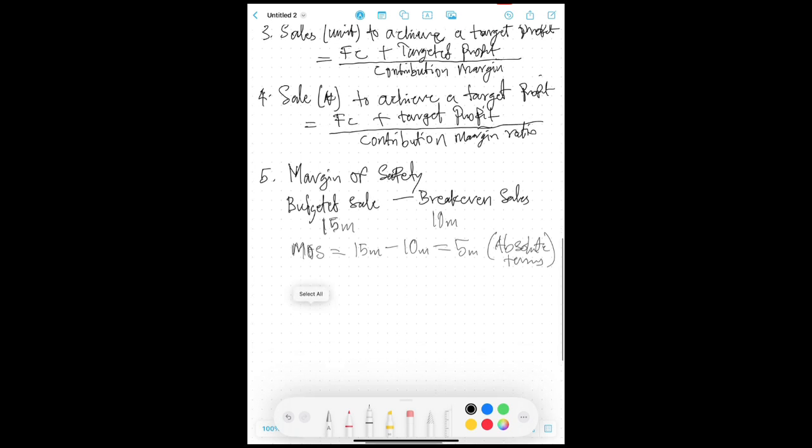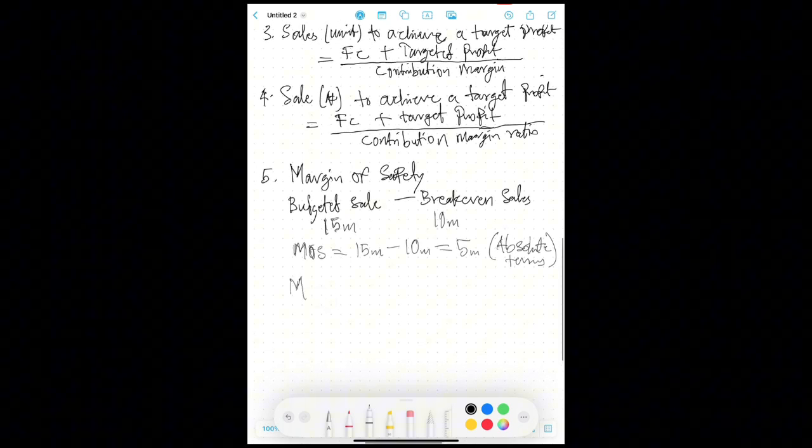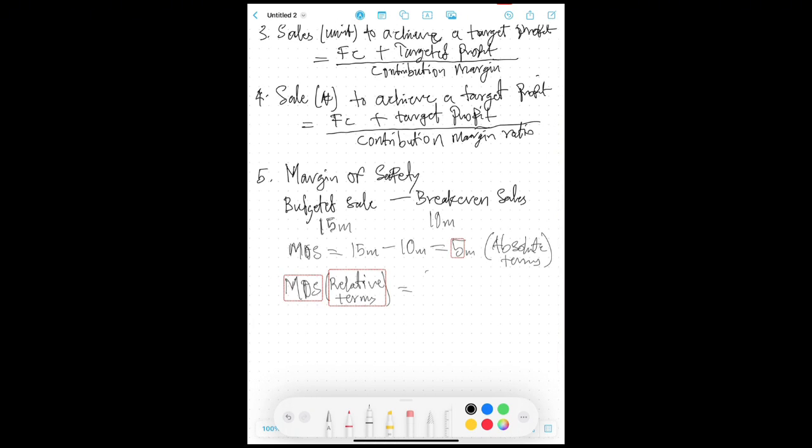In relative terms, your margin of safety means relating it to your budgeted sales. It will be this 5 million margin of safety divided by your budgeted sales, which is your optimal level of sales, 15 million.